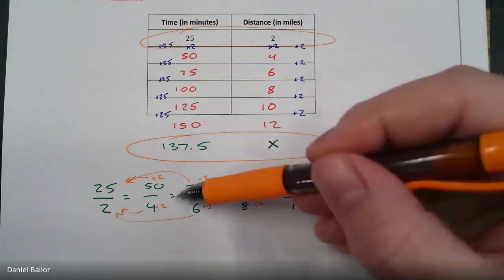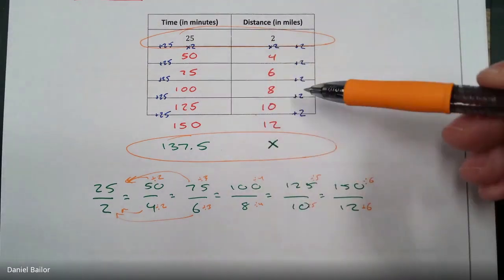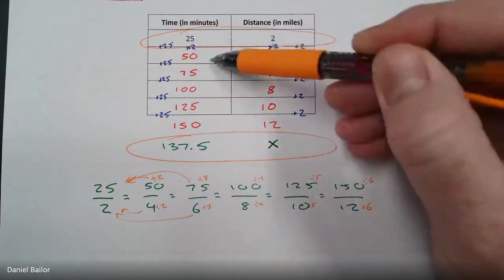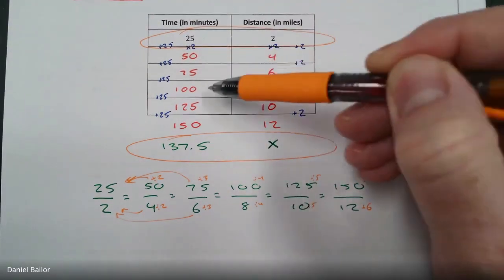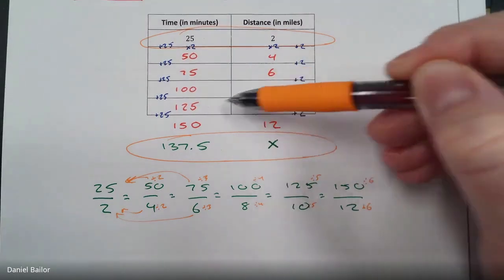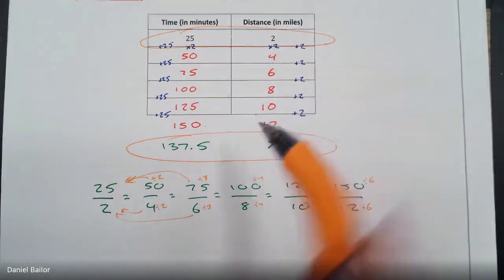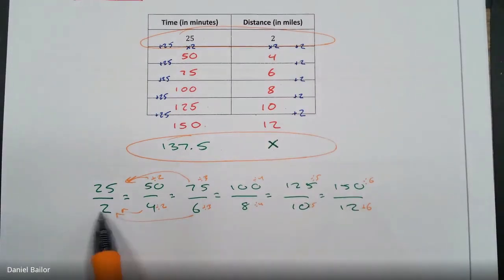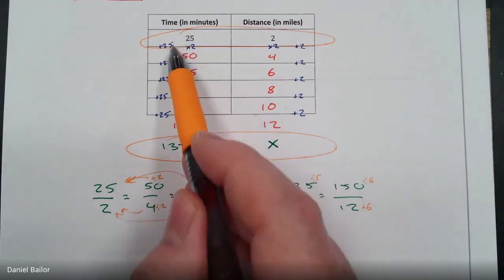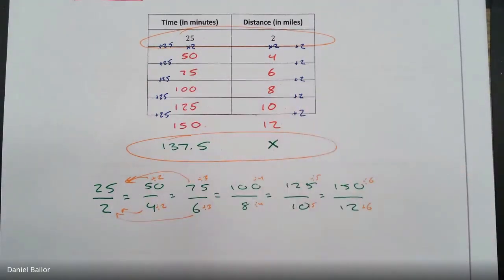And the fractions came from our chart. 25 over 2, 50 over 4, 75 over 6, 100 over 8, 125 over 10, 150 over 12. All of these are equal because they changed the same way. They changed at the same constant rate.